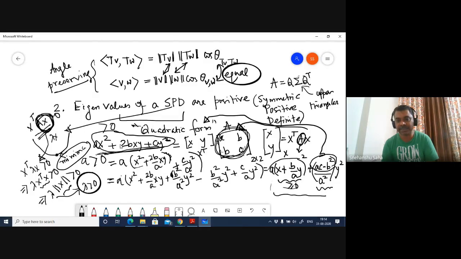There we have seen that there is a perfect square, which is greater than or equal to 0. Since there is a y square and an a which are by default positive, everything boils down to the sign of ac minus b square, which also turns out to be the determinant of this particular matrix. If this is positive, then this expression stays positive. So the positive definiteness of a quadratic form depends on whether ac minus b square, the determinant of the matrix under consideration, is non-zero.